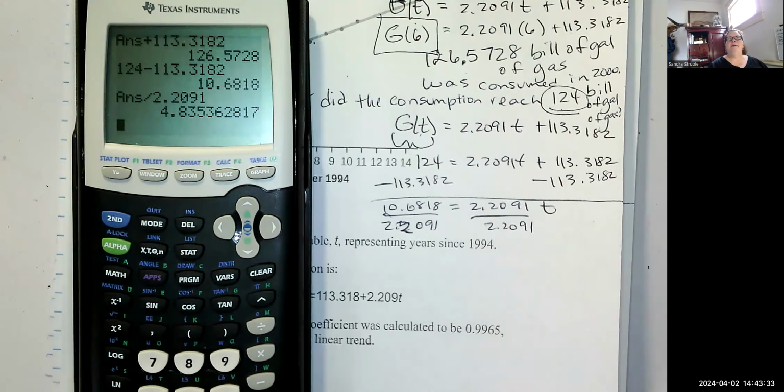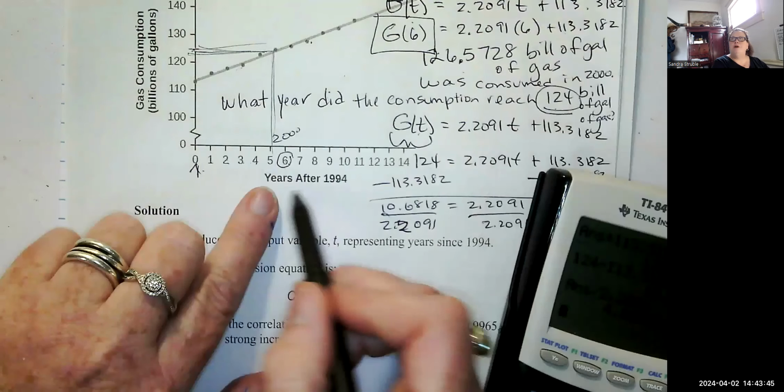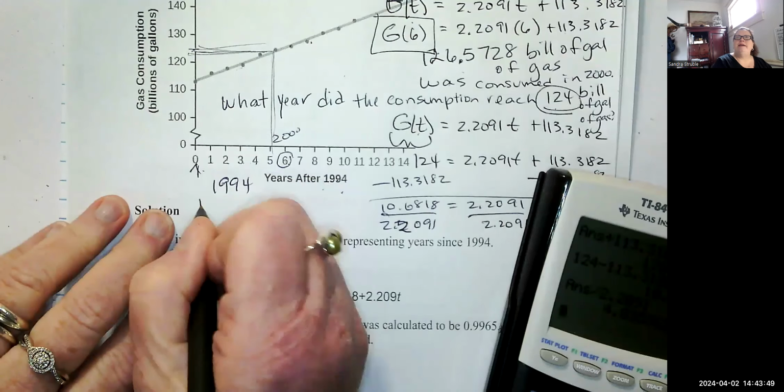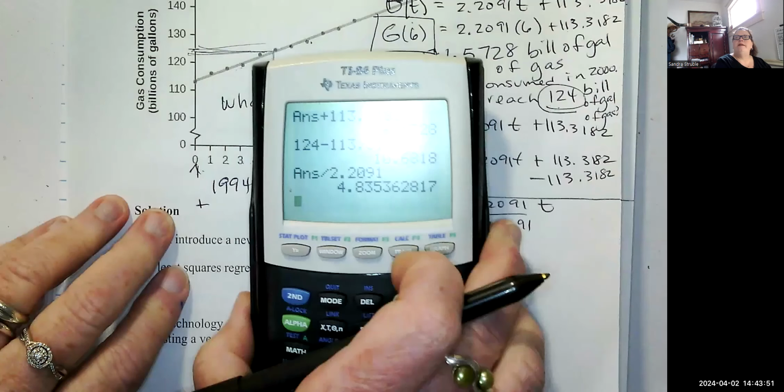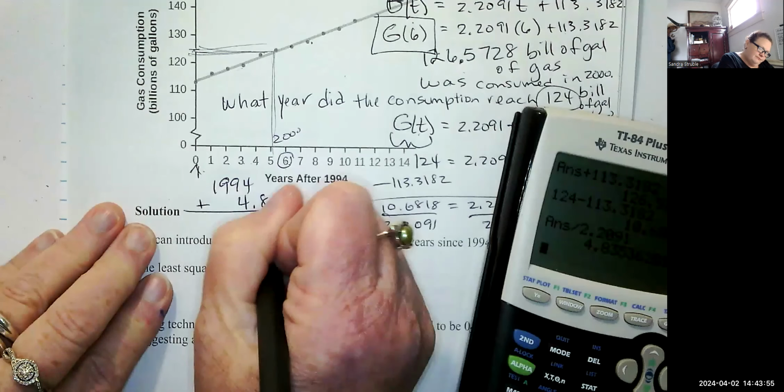Well, let's see what years it's falling in between, and we can have that discussion. So this number is being represented by a 4 point blah, blah, blah, but what it truly is is the number of years after 1994. So that's taking 1994 and adding, let's just say we add 4.8. Does that matter?